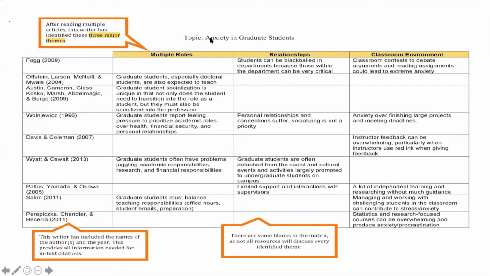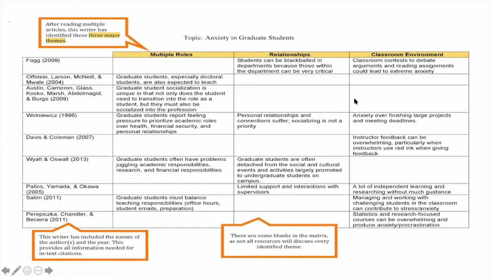So let's say you're studying anxiety in graduate students. You find a lot of sources that talk about the multiple roles of graduate students. So you align them up like this and give the title multiple roles. You find different sources that talk about relationships, and you find different sources that talk about the classroom environment.